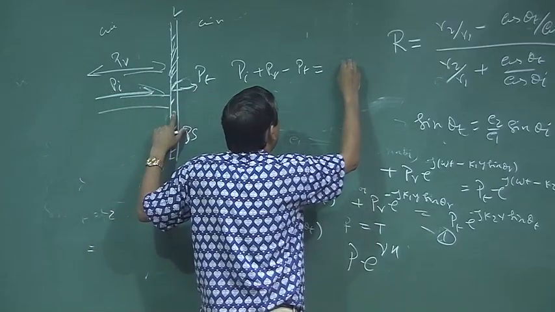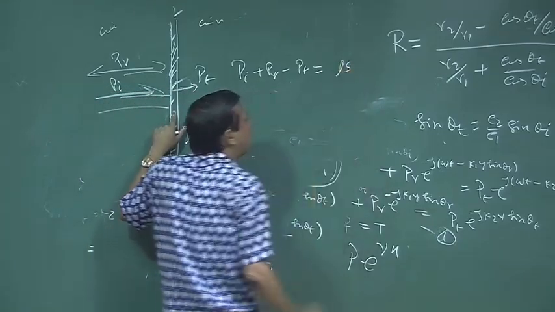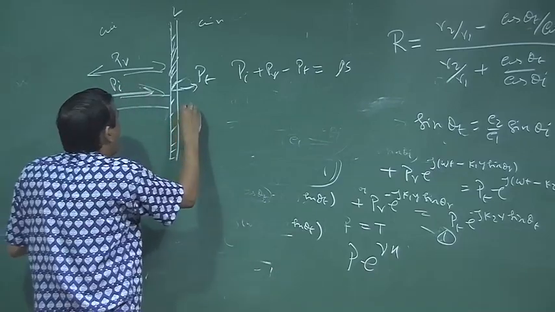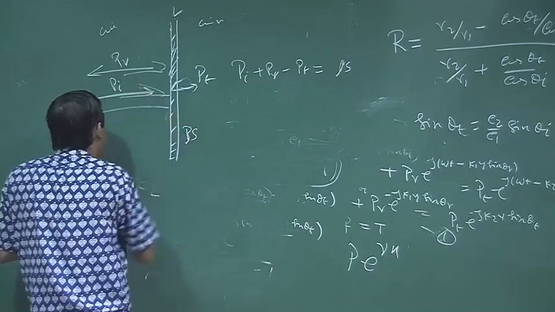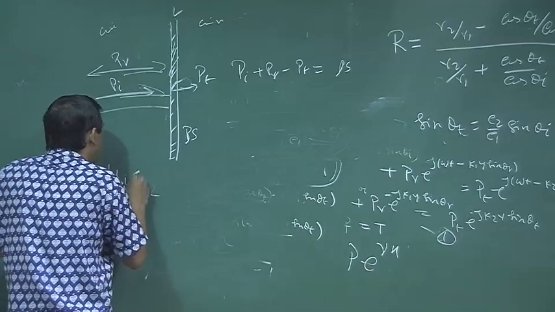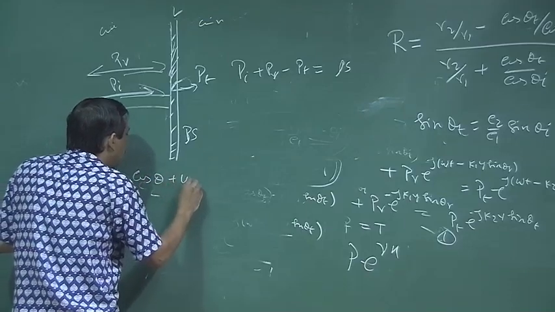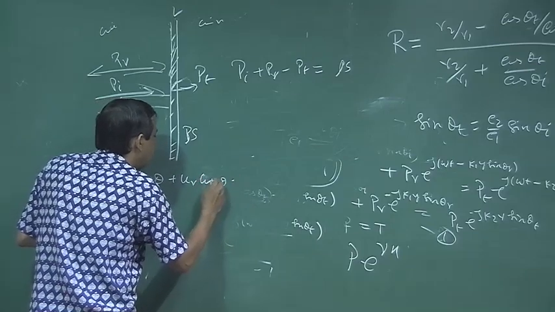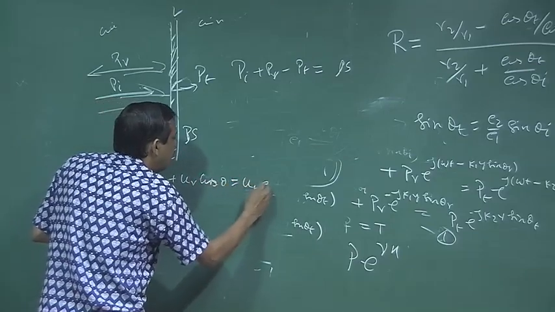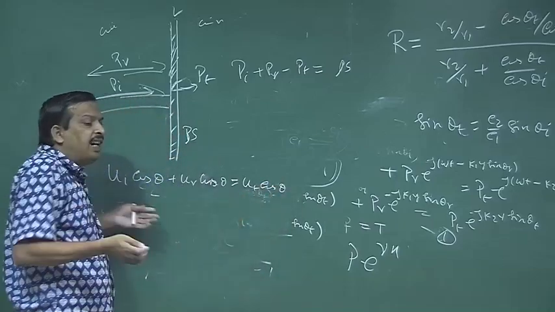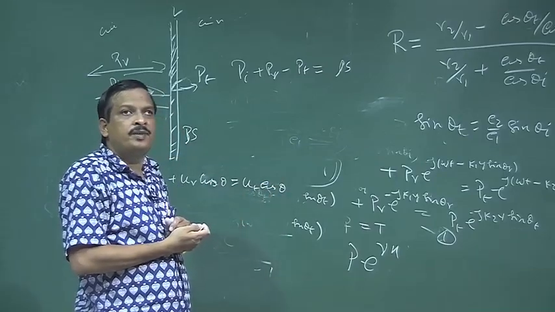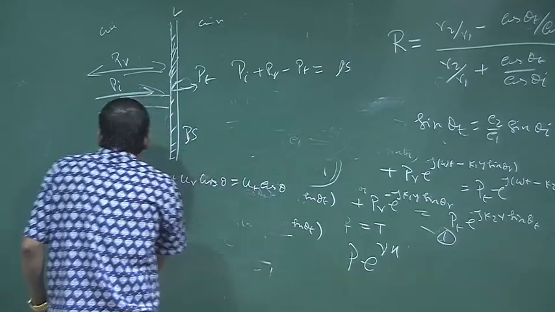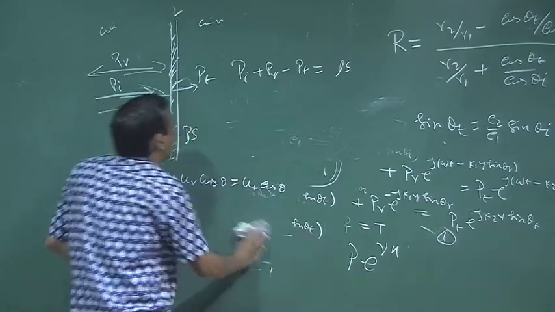The difference of pressure is the surface density multiplied by the acceleration. Rho S is the surface density. The normal component of the particle velocity on this side is ui cos theta plus ur cos theta, which equals ut cos theta, where theta is any angle of incidence.